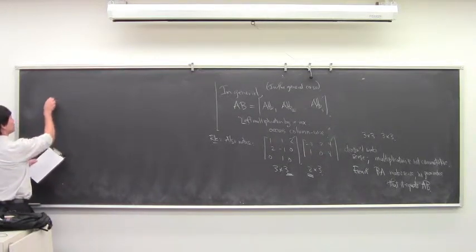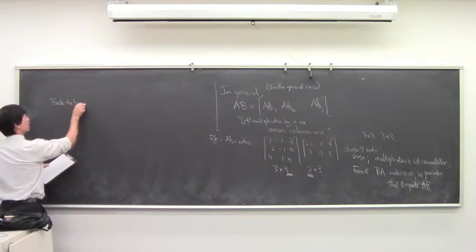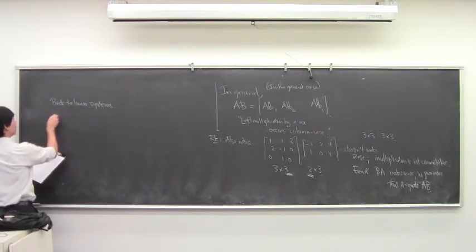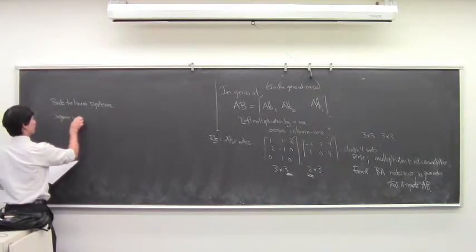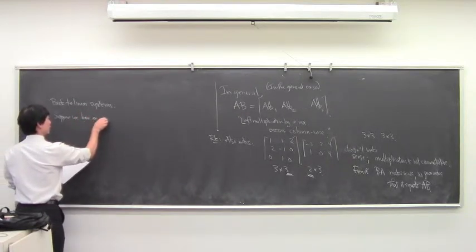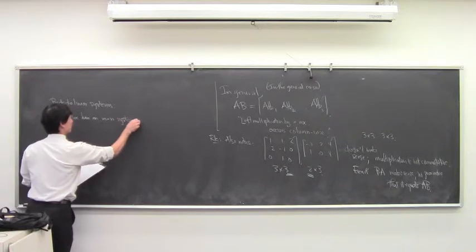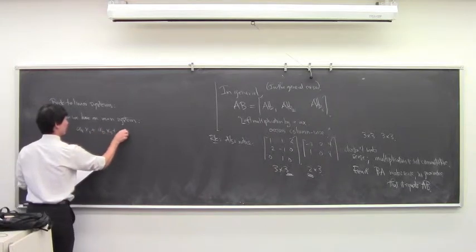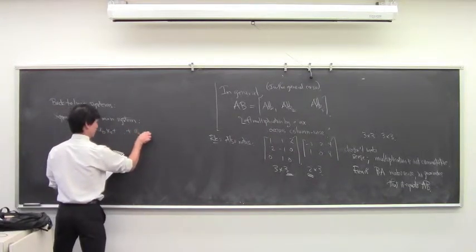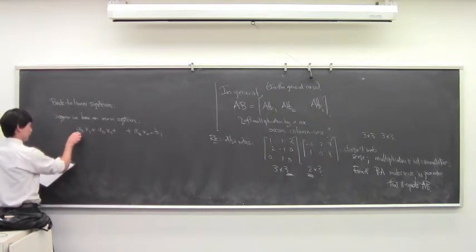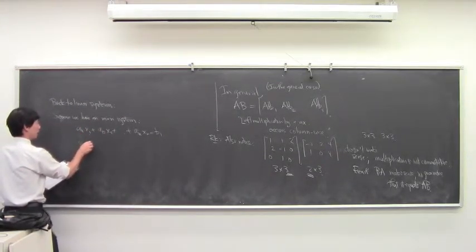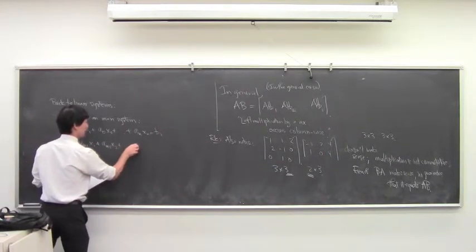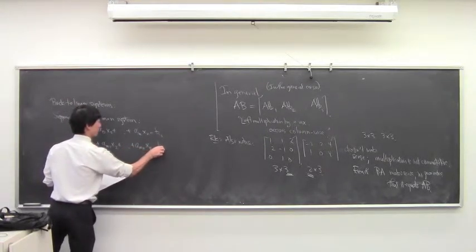Okay, back to linear systems. Recall, suppose we have a system that looks like a11 x1 plus a12 x2 plus through a1n xn equals b1, and so on down to am1 x1 plus am2 x2 plus through amn xn equals bm.